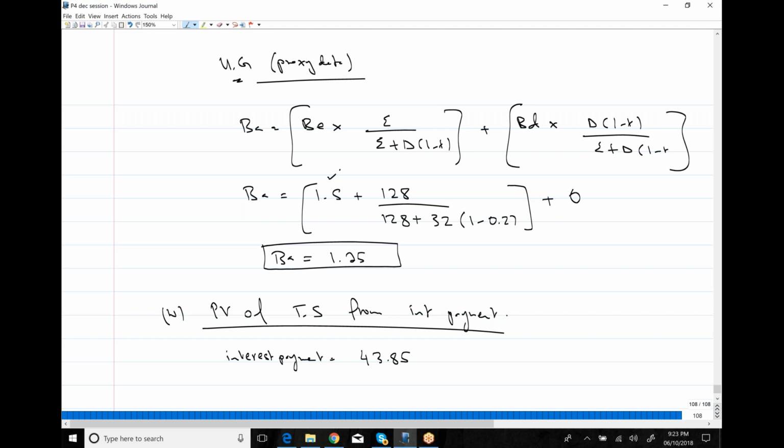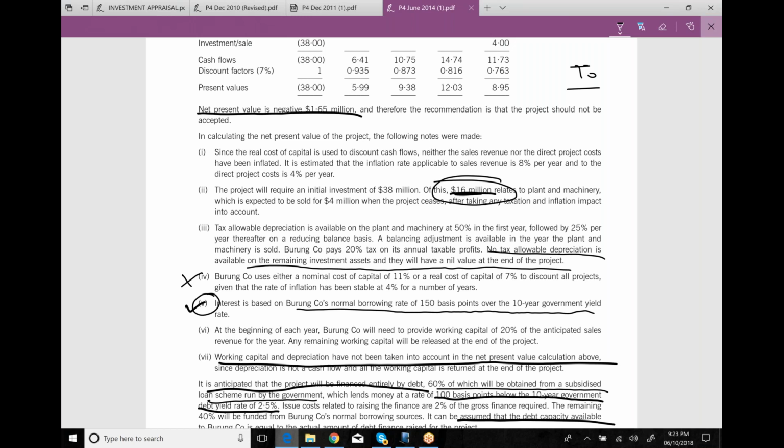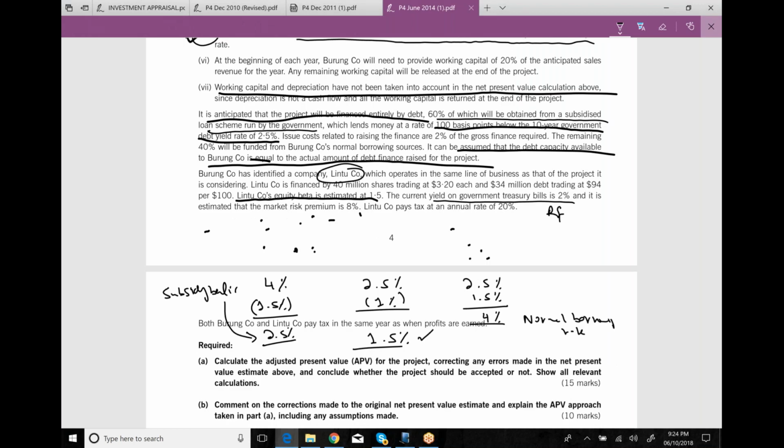No, because there was a subsidized rate available on the loan. We have already computed the subsidized interest rate. Subsidized interest rate was 1.5%, and your normal borrowing rate is 4%. So will you pay this 1.5% on the whole amount of loan?